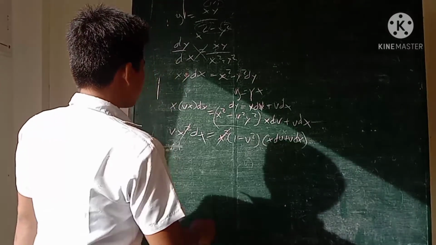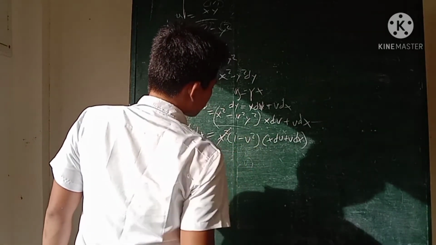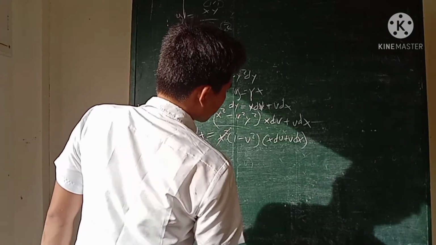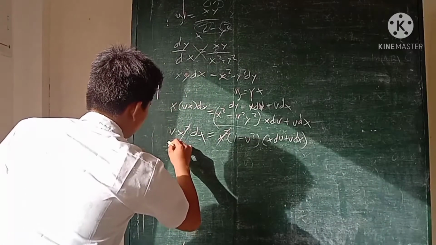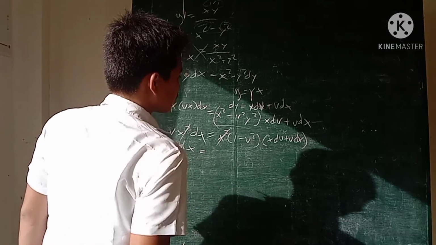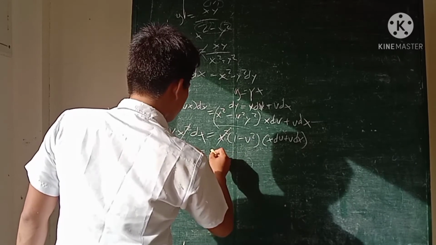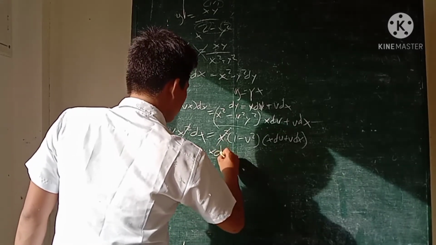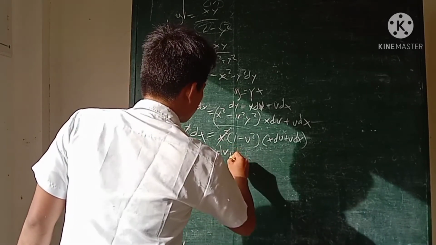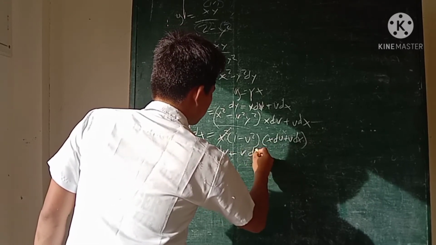Then distribute the 1 minus v squared times x dv plus v dx. So v dx equals distribute 1 times x dv, so x dv, plus 1 times v dx, so v dx.